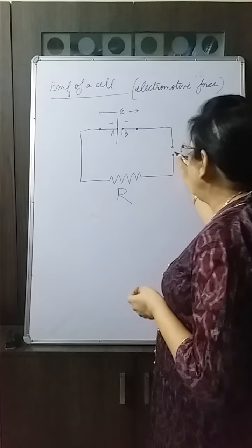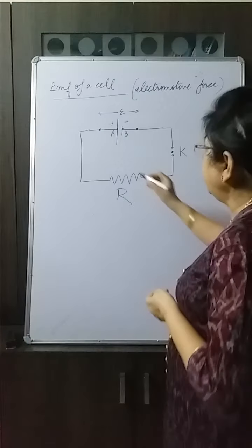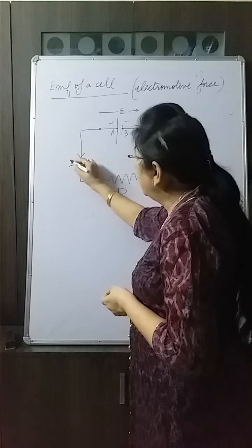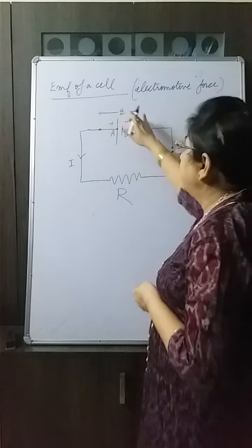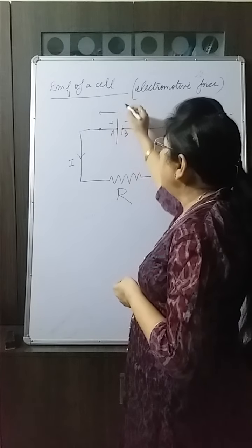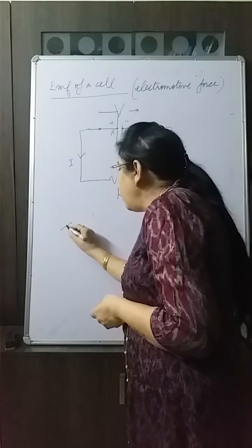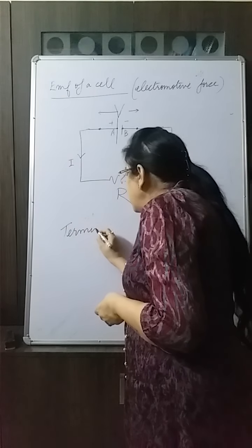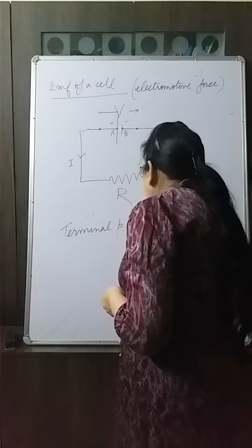And when we insert the key, when the current starts running in the cell, this potential difference across the cell decreases, it changes, and then it is called the terminal potential difference.